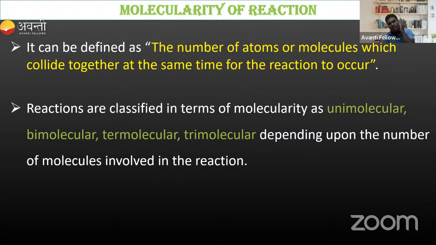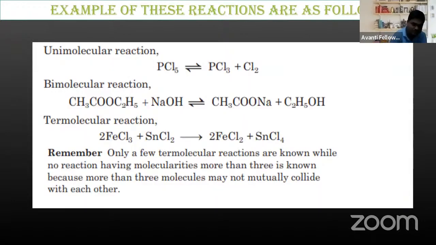If only one molecule is involved, we say unimolecular. If two molecules are involved, it is known as bimolecular. If three, trimolecular, and if four, tetramolecular. I hope this is clear to you. Molecularity is the number of atoms or molecules which collide together at the same time for the reaction to occur.